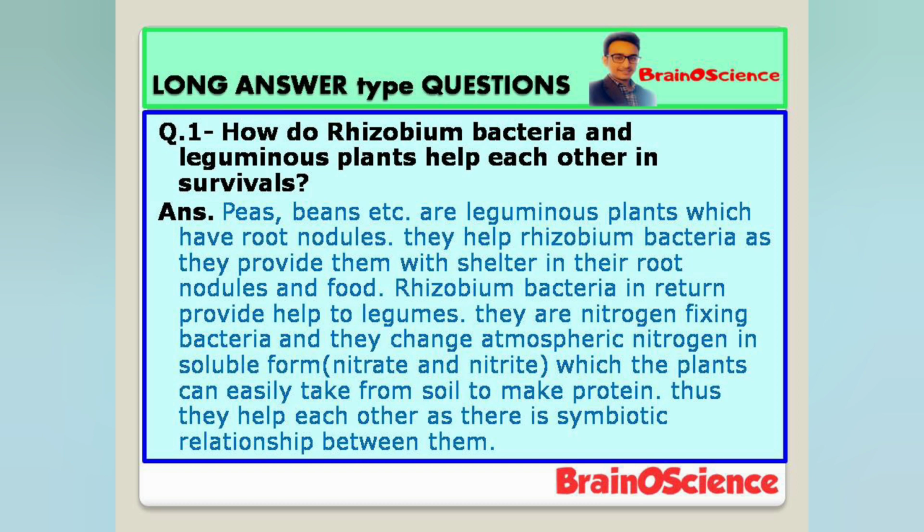Rhizobium bacteria in return provide help to legumes. They are nitrogen fixing bacteria and they change atmospheric nitrogen into soluble form, that is nitrate and nitrite, which the plant can easily take from soil to make protein. Thus, they help each other as there is a symbiotic relationship between them.